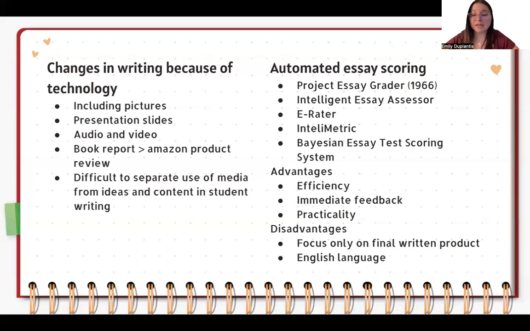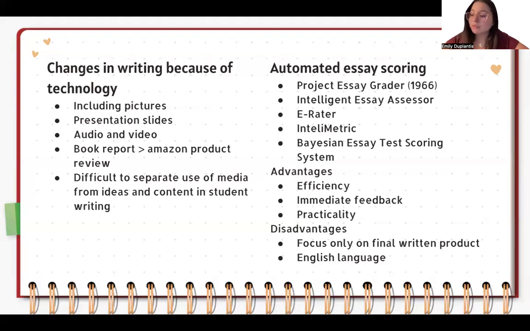So these automated essay scoring programs can give us that efficiency, can give the students immediate feedback, and it's practical, right? Like time is money. I have other things, I have other lessons and other tests that need to be graded, so it would be helpful. But the disadvantage is that it only focuses on that final written product.